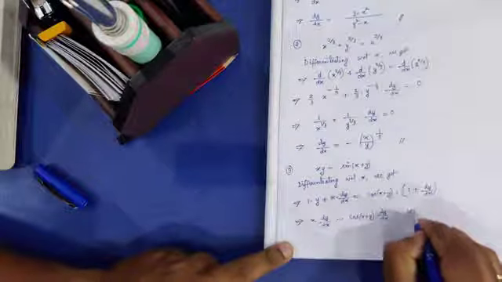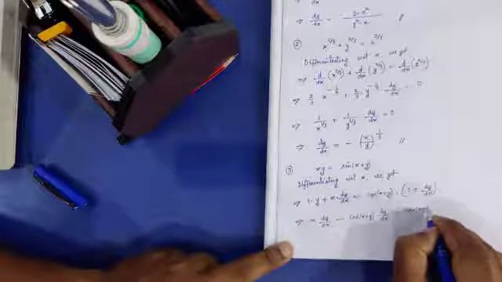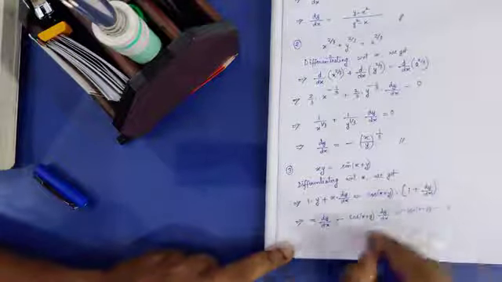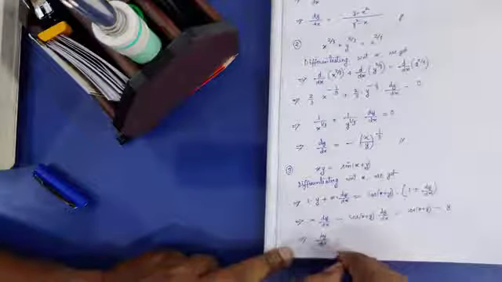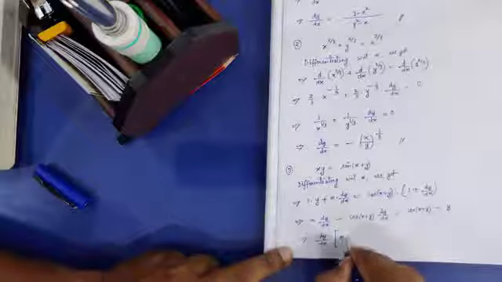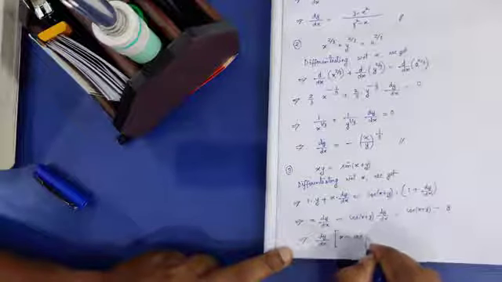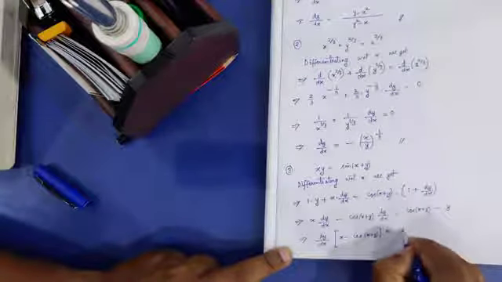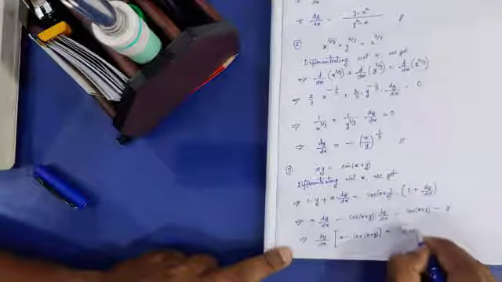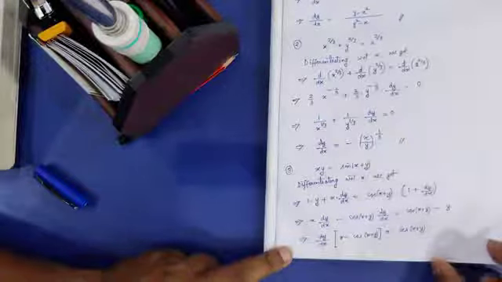Again, dy by dx is common: x minus cos of x plus y equals cos of x plus y minus y.